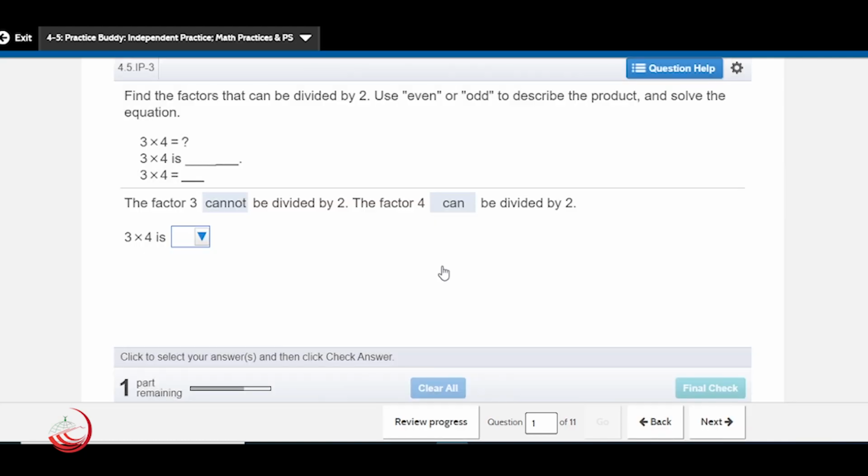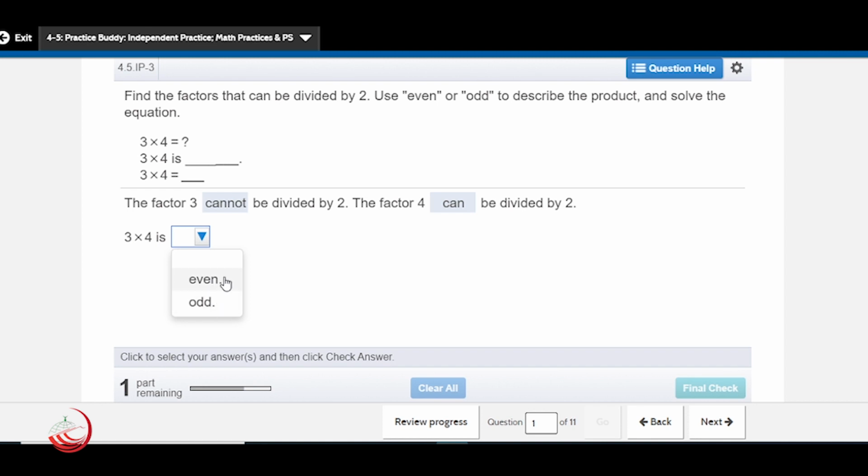Okay, fantastic. Then 3 times 4, is it odd or even? How do I think? 3 cannot be divided by 2, so it is an odd number. 4 can be divided by 2, so it is an even number. But the product of an odd number and an even number will be even or odd?